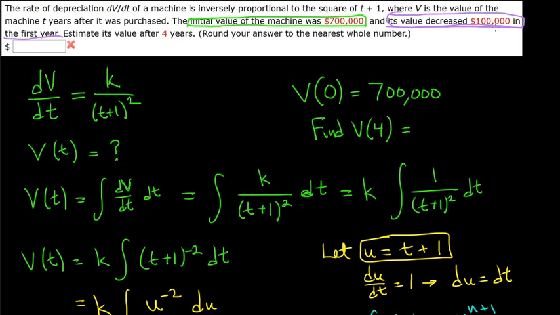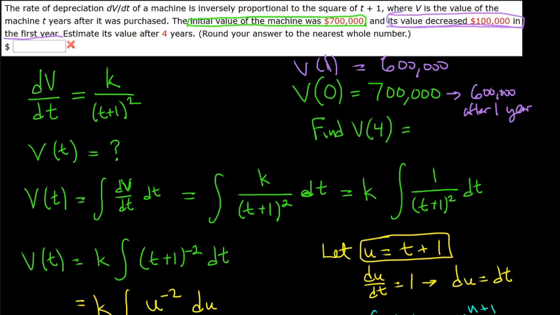If it decreased 100,000, that means from 700,000, if you decrease that by 100,000, you get 600,000 after 1 year. In other words, v of 1 should be 600,000, right? So after 1 year, the machine is worth $600,000.